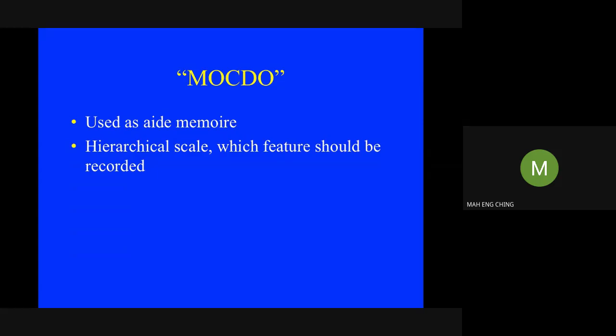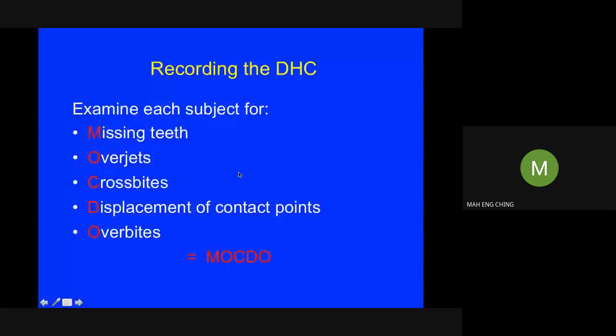Missing teeth will come first, followed by overjet, then crossbite, displacement, and the last one is overbite. Okay, so it's a hierarchy scale, which features should be recorded: missing teeth, overjet, crossbite, displacement, and the last one is overbite.